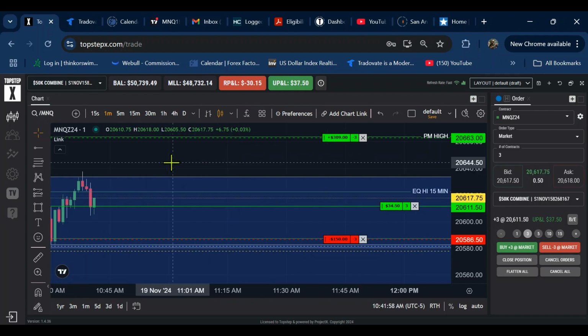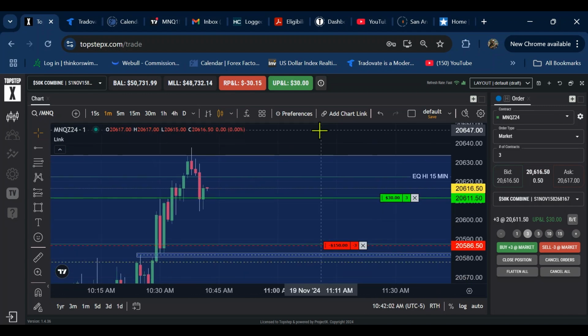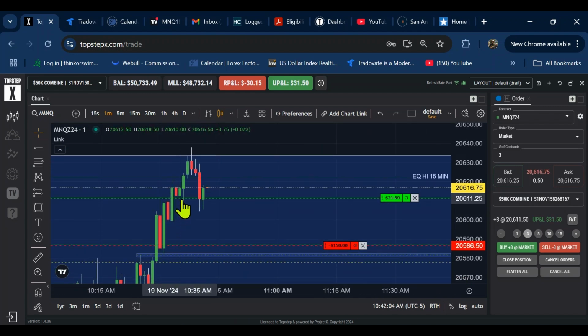What I was saying about liquidity earlier. Oh, man, come on. These 2 lows right here is what it was aiming for. It didn't quite take that one. It could still.